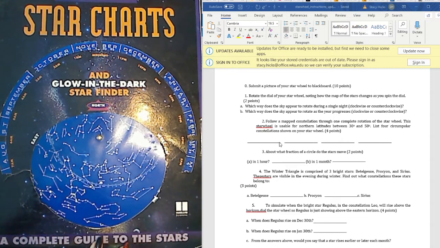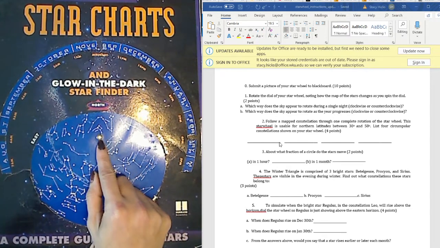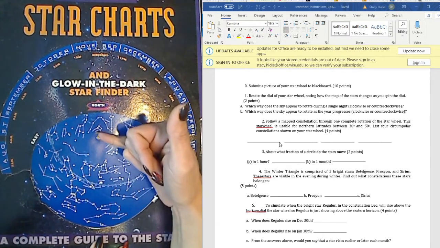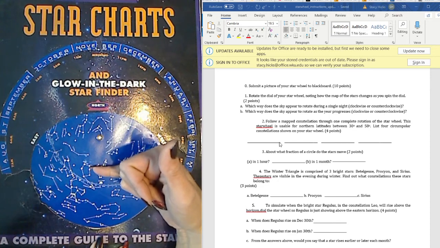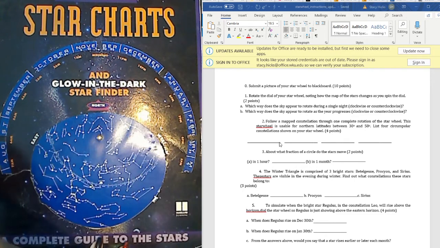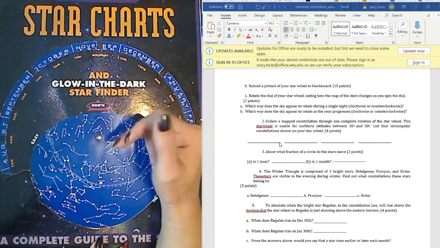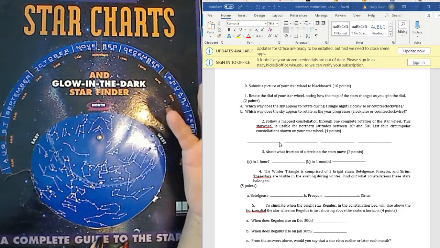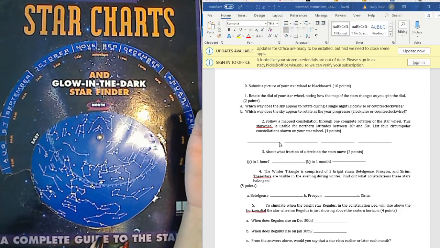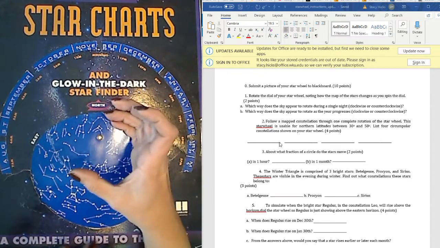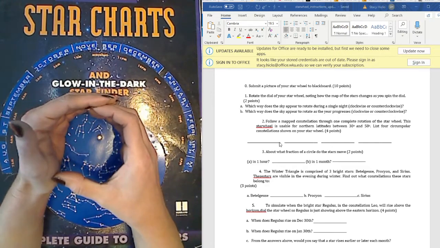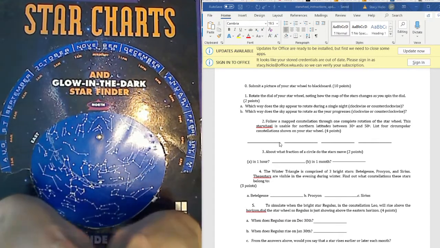So if we think of our north celestial pole as being the 0 point, as we move outward, anything that is within 37 degrees, essentially, that will fall into this circle, is going to be circumpolar, right?